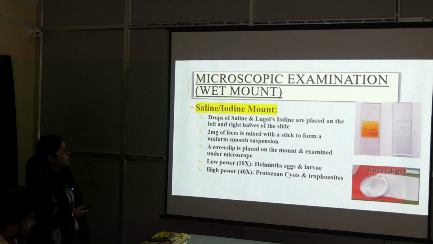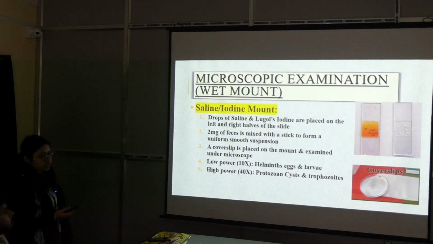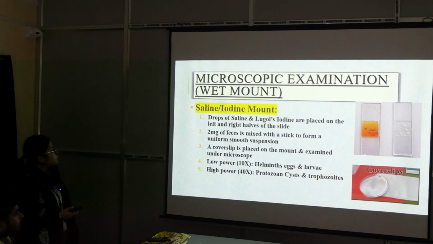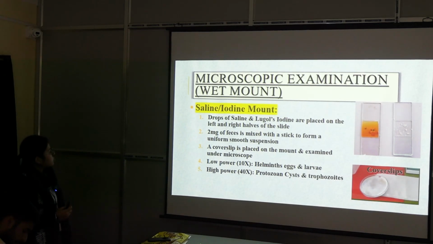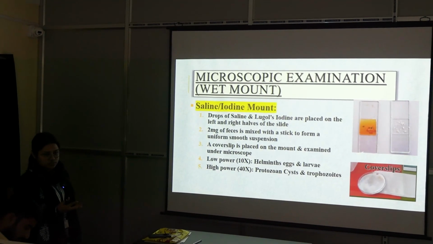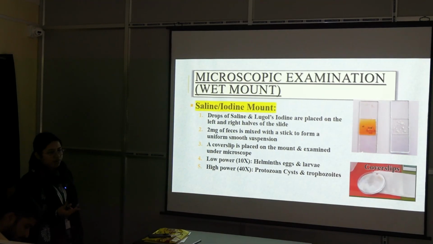Then coming to microscopic examination or wet mount examination of the stool, here we do the saline mount examination and iodine mount examination. In saline mount, we mix the stool sample with normal saline, that is NaCl. NaCl contains sodium and chloride electrolytes, which are responsible mainly for the motility of the trophozoites or larvae of helminths.